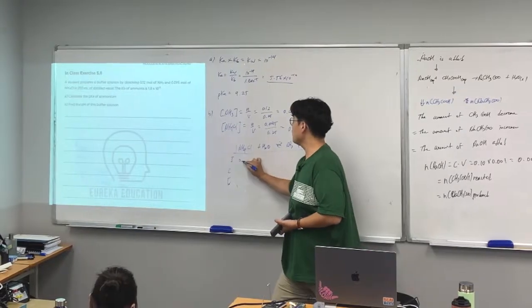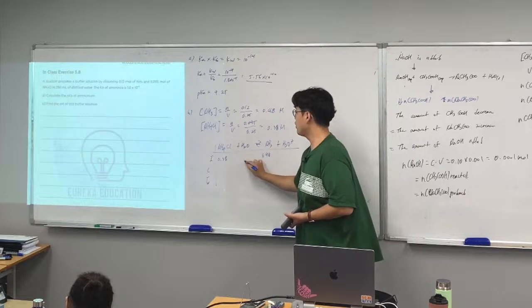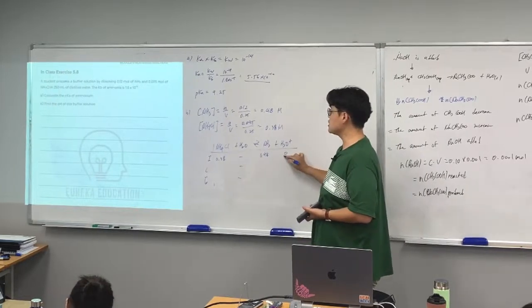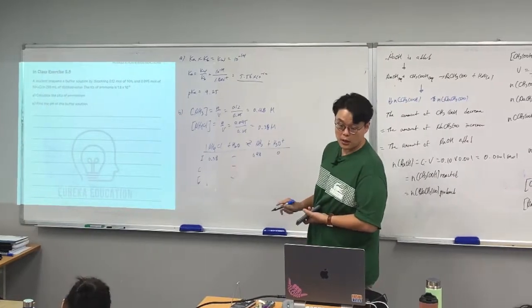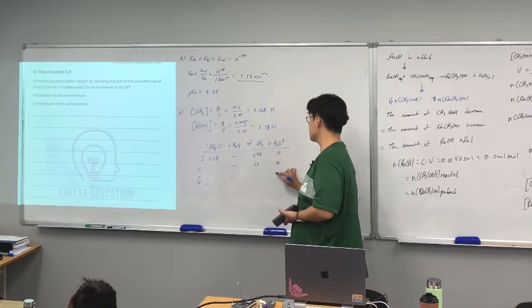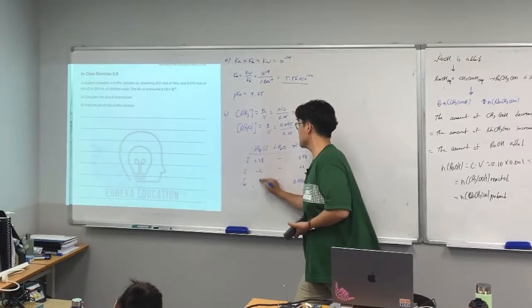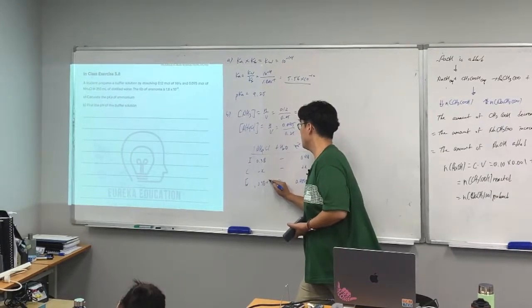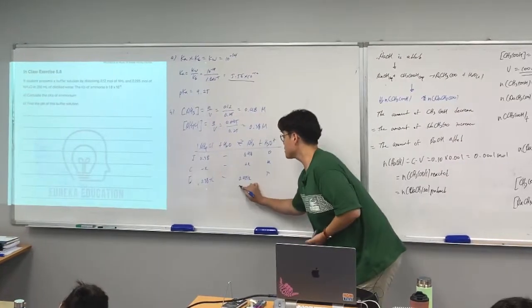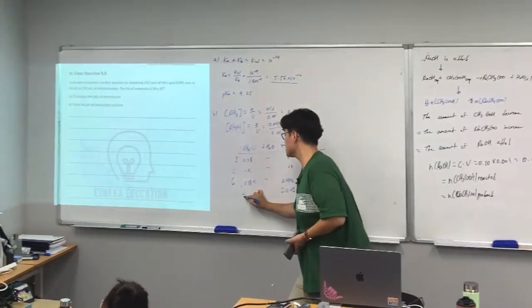NH4Cl, that's 0.38, that's given. NH3, 0.48. Water, we have nothing, and hydronium is 0. The change would be plus x, plus x, and minus x. So 0.48 plus x, and 0.38 minus x. Approximately, this is 0.48, as x is significantly small, and this is approximately 0.38.